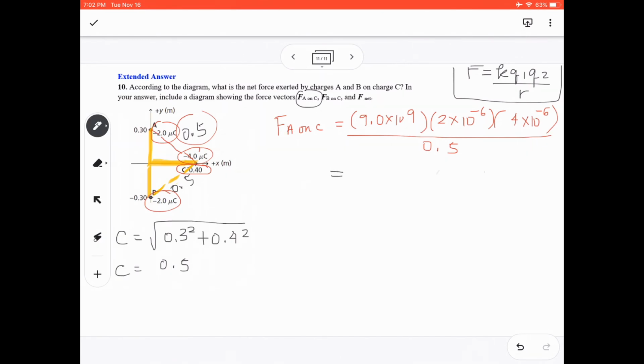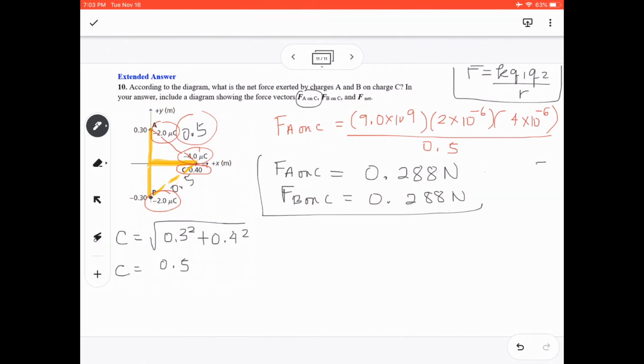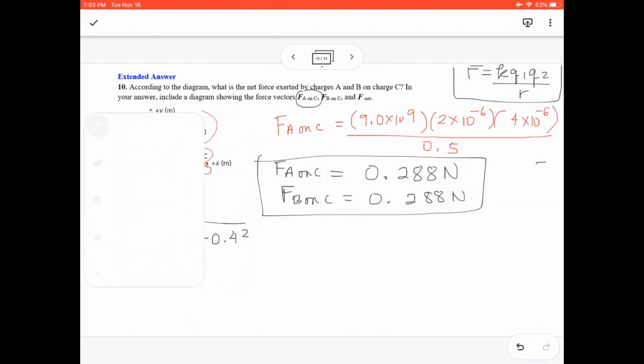FA on C will be equal to 0.288 newtons, and don't round it off before you get the final answer because you'll just be in trouble if you do that. So FB on C will also be equal to 0.288 newtons, because they are same numbers.